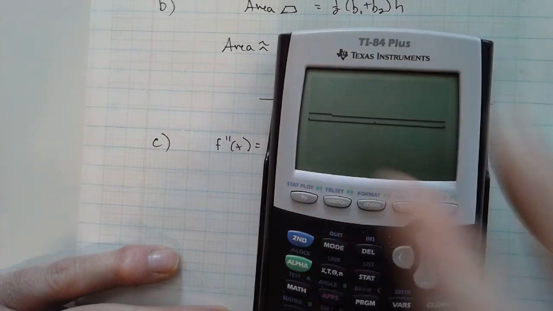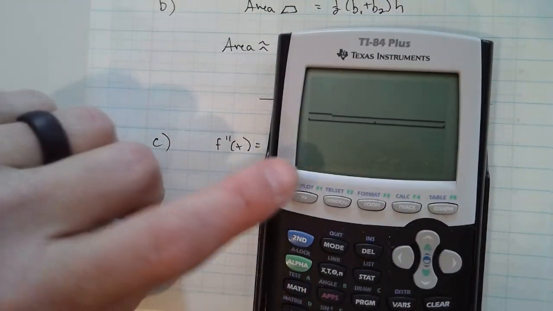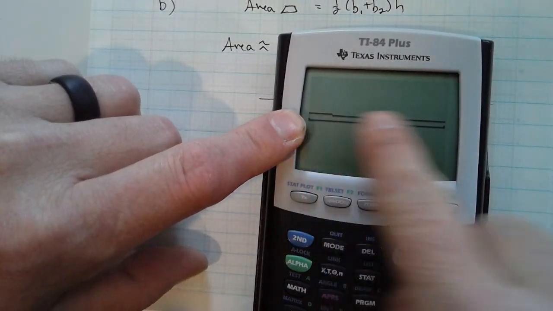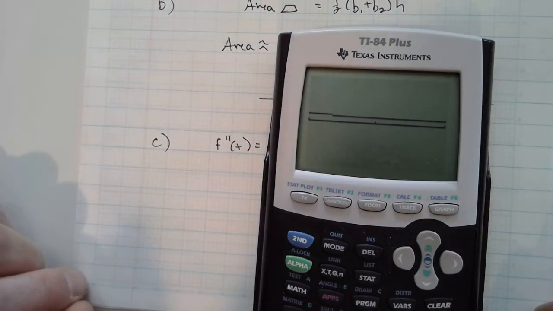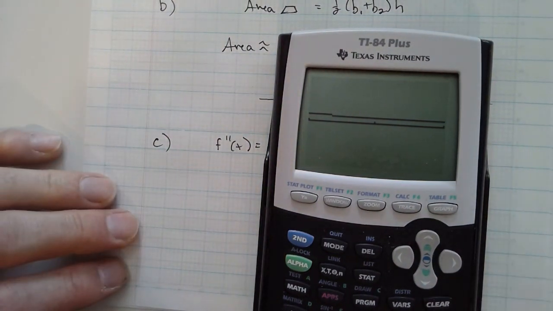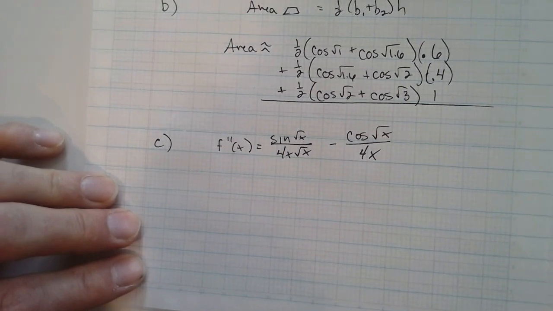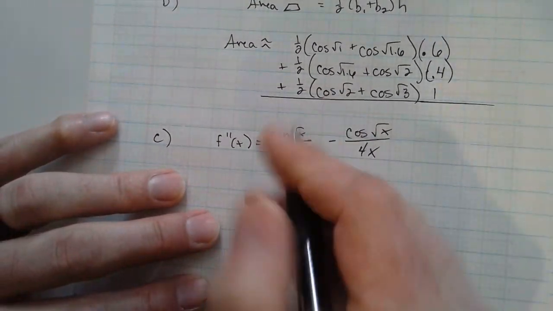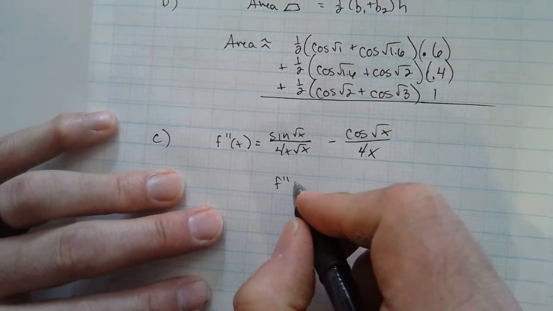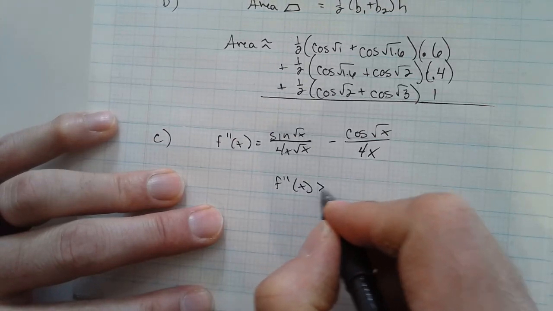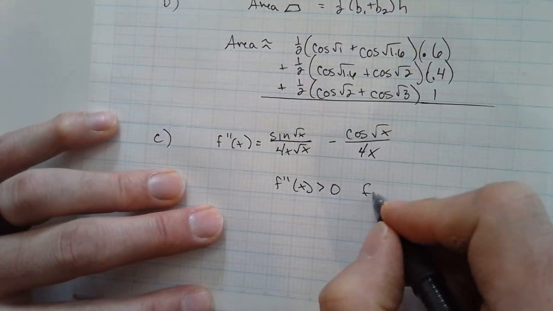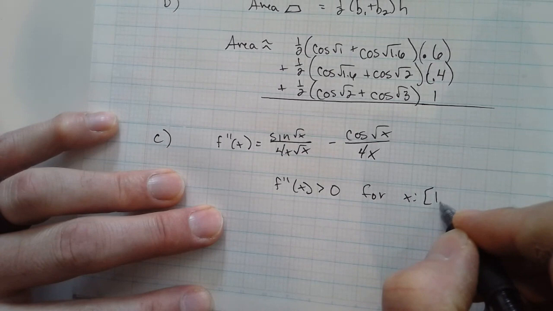And if you graph, you can see the curve, pretty exciting, it's a little curve there, but it is above the x-axis. That's all we're looking for. So in that interval, we know that f double prime of x is positive for x between 1 and 3.